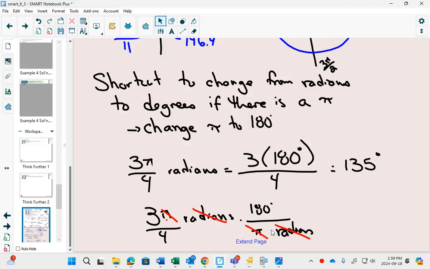Do you have to write radians every time, or is there a shortcut like that? That's a good question. So, the symbol for degrees is the tiny little circle. Do you know the symbol for radians? You guys are amazing. Every single one of you said nothing. And that is actually the symbol for radians.